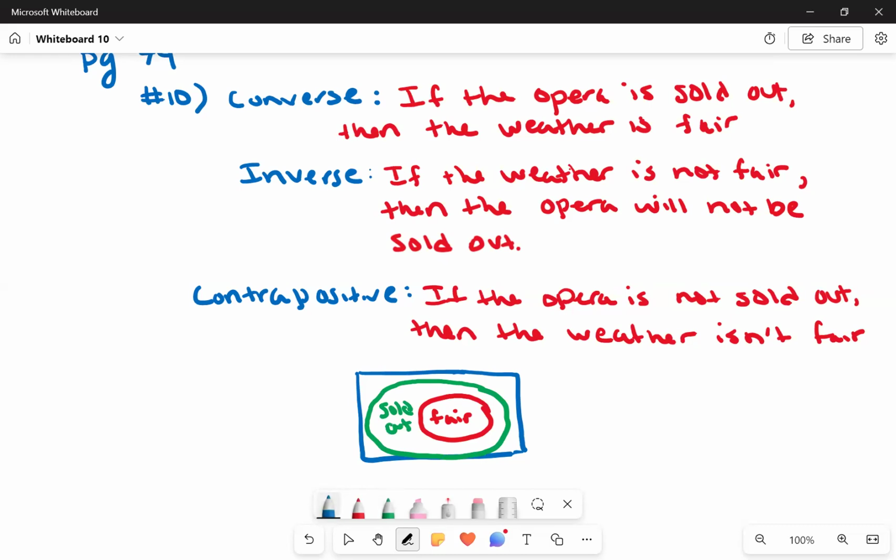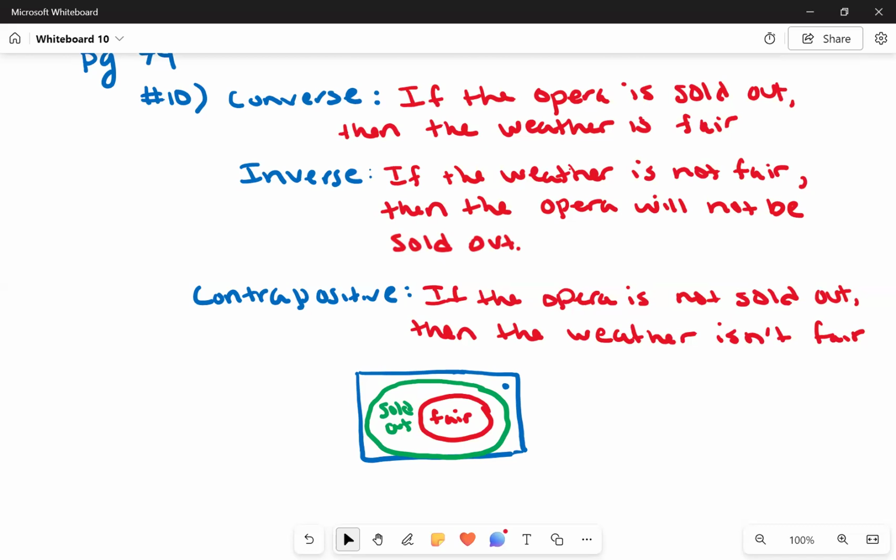So the minute you have fair weather, you have a sold out opera. In the contrapositive, we're saying that the opera is not sold out. So now we're outside of the sold out box. Therefore, the weather is not fair. And that is a valid conclusion, assuming that the first thing is a true statement, because we're taking ourselves outside of both circles automatically with the first statement. And therefore, it would obviously follow that the weather is not fair.